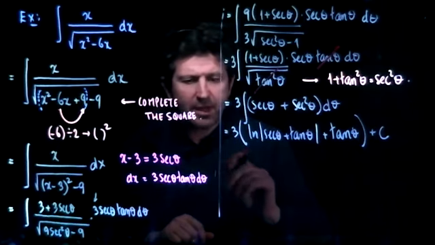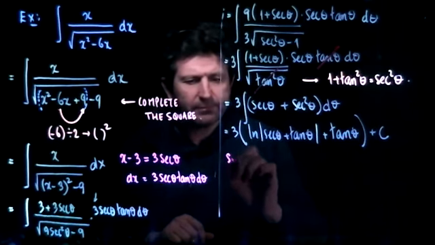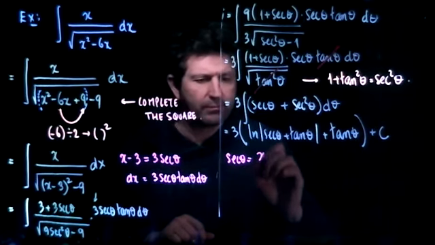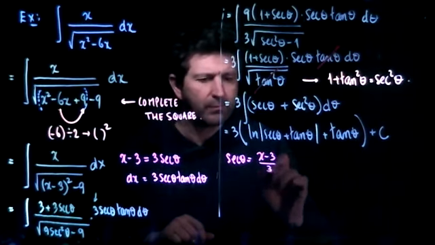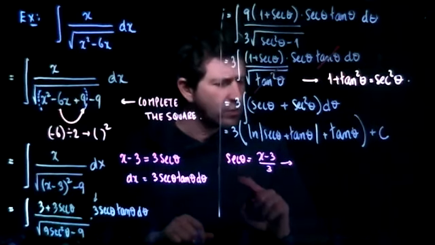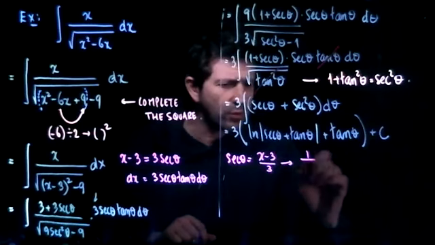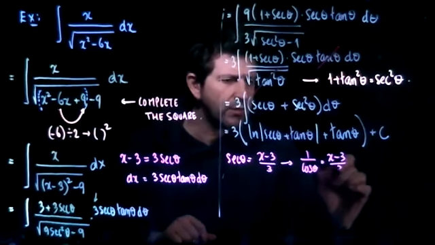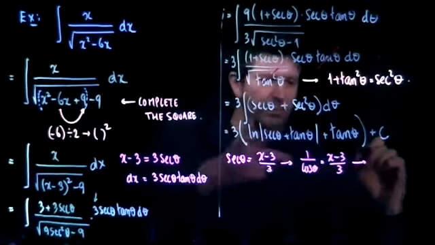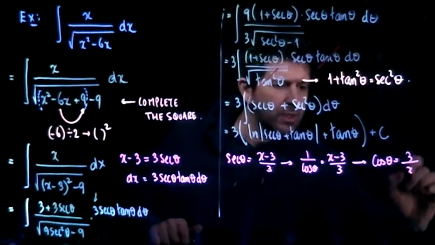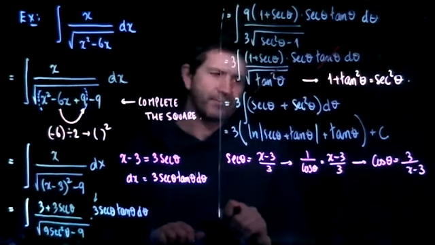So secant theta is x minus 3 over 3. But secant, we know it's 1 over cos. So 1 over cos theta is x minus 3 over 3. And so if I flip everything, cos theta is 3 over x minus 3.